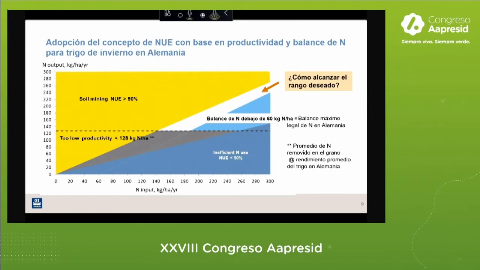So his nitrogen management should find its place in this wide area, which is limited by regulations, limited by profitable yields, and limited also by soil fertility aspects. And that gives a challenge to the farmer. And the question is how to arrive at this corridor.